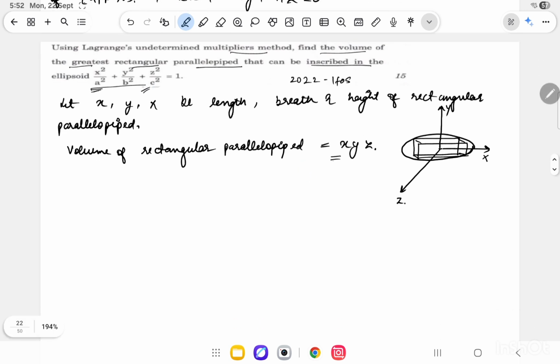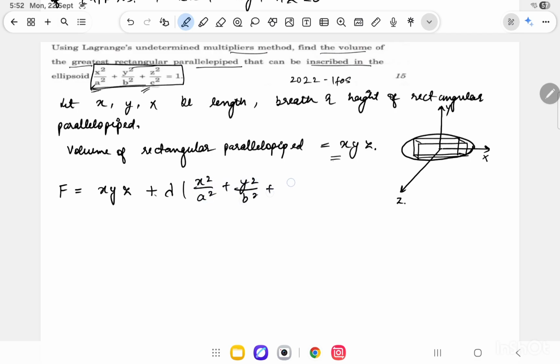So let us form the function f, that will be xyz, the part which we are supposed to maximize, that is the volume of the rectangular parallelepiped, plus Lagrange's multiplier lambda into the given condition, that is x square by a square plus y square by b square plus z square by c square minus 1.